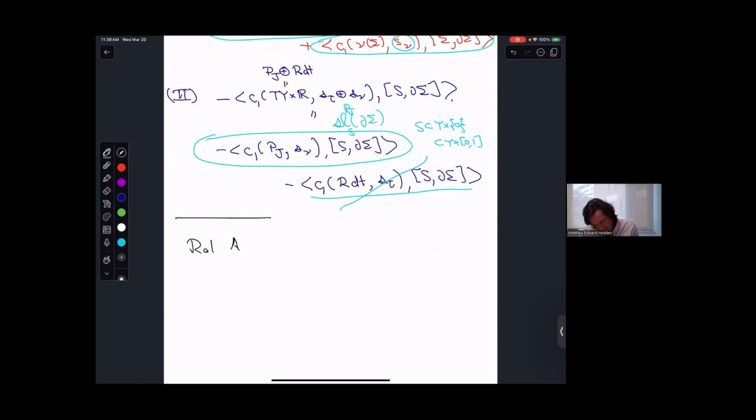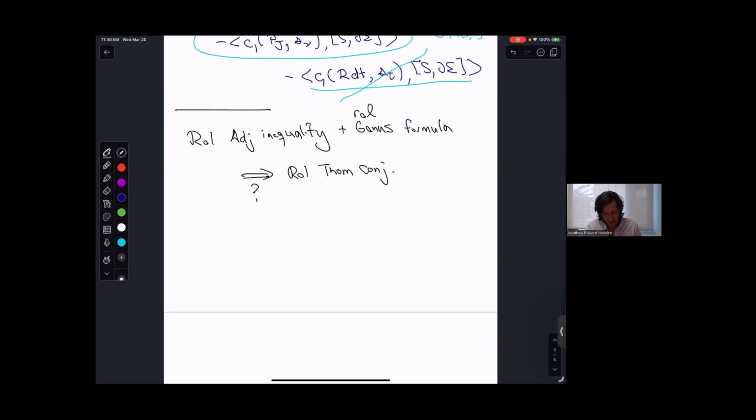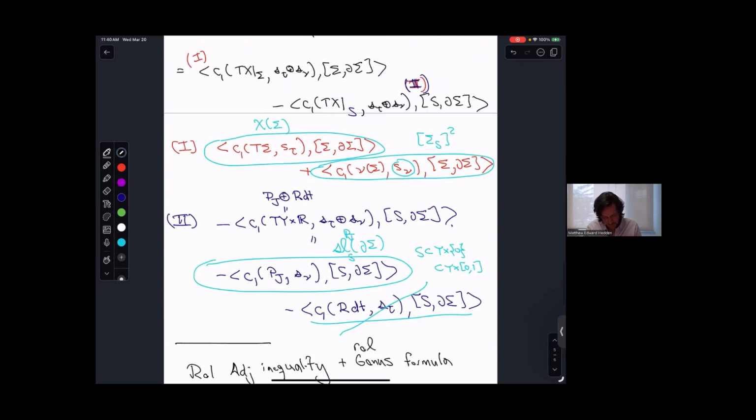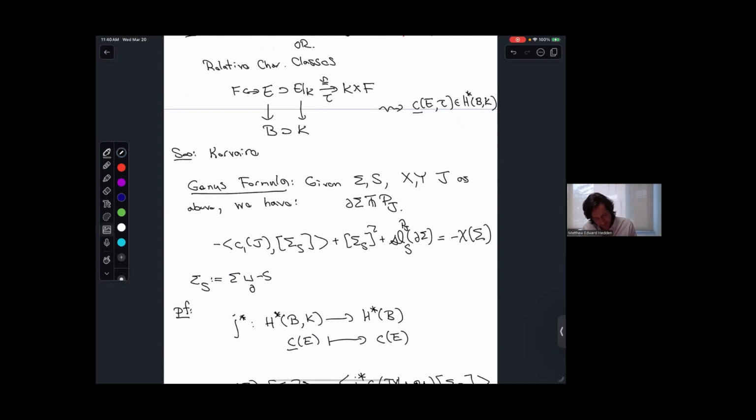Just as adjunction inequality plus genus formula gave us the Thom conjecture, relative adjunction inequality plus relative genus formula should imply the relative Thom conjecture. Okay, so let's just see that play out. Maybe I'll cut and paste here.